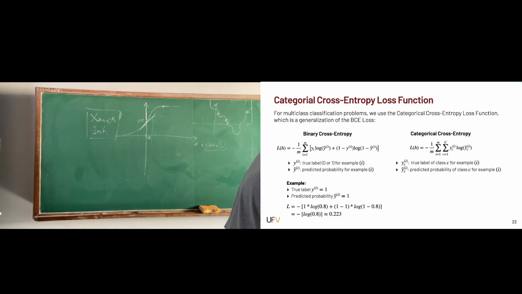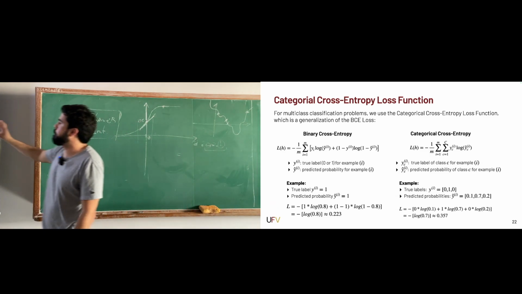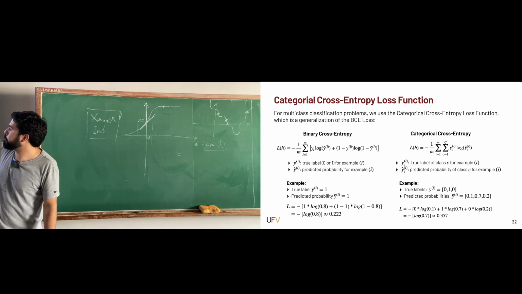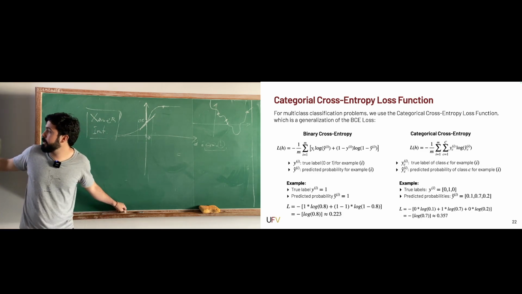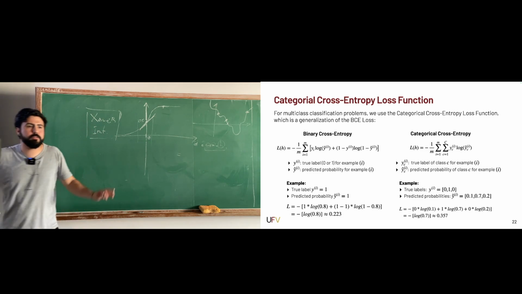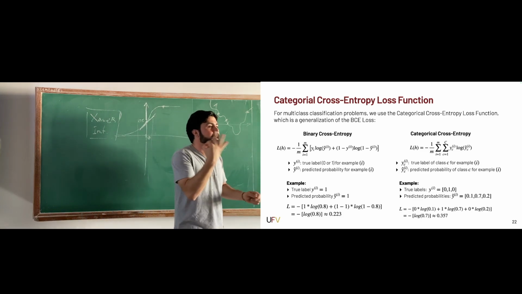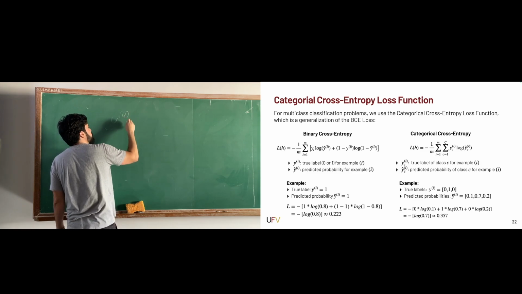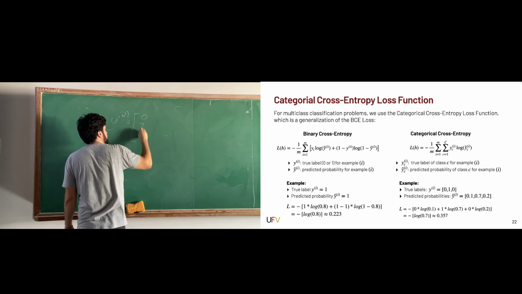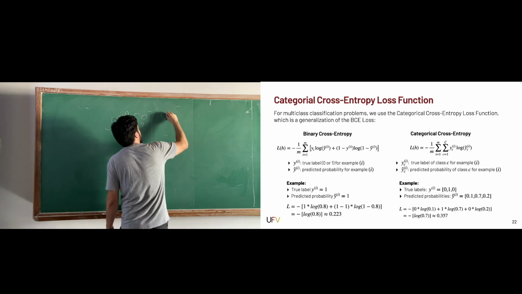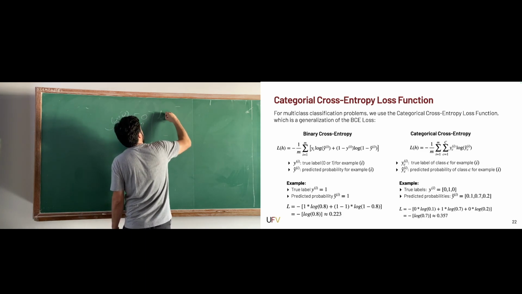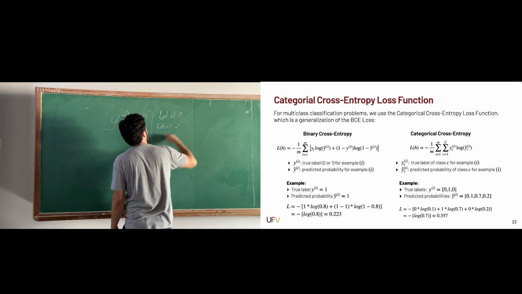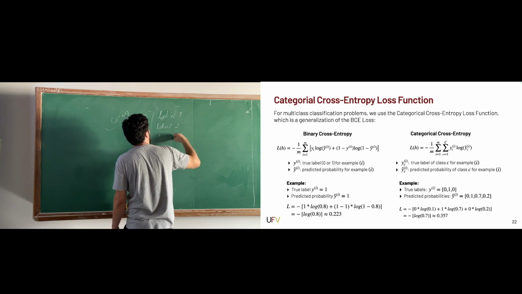So here I want to actually show an example. Imagine I have these true labels, and here, this is important. Consider that I have a multi-class problem with 3 classes. So I'm trying to say that there is an example that has label, this is label 1, this is label 2, and this is label 3.